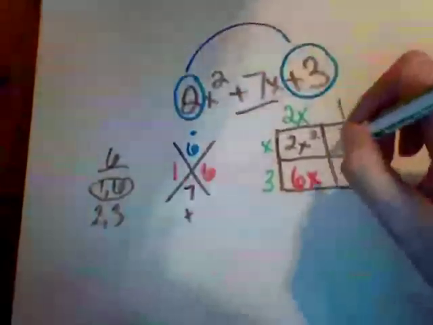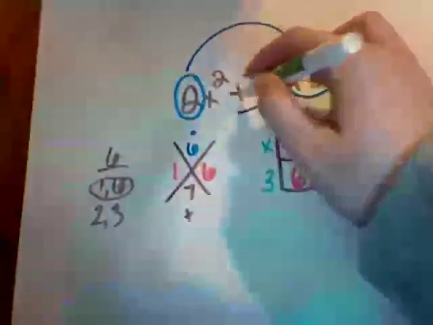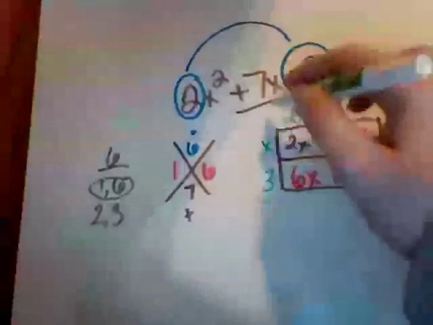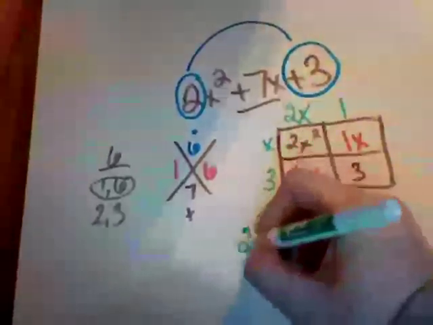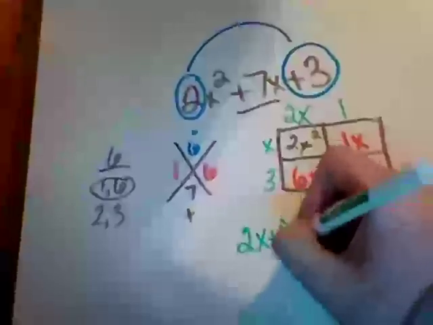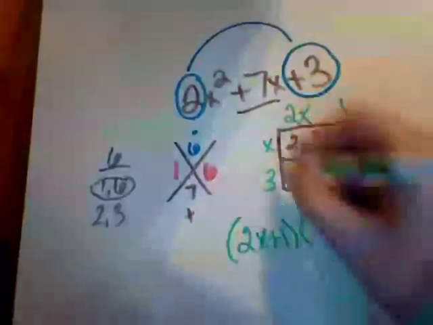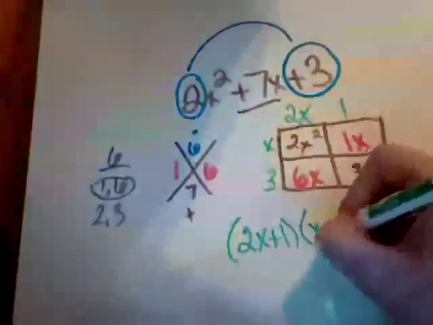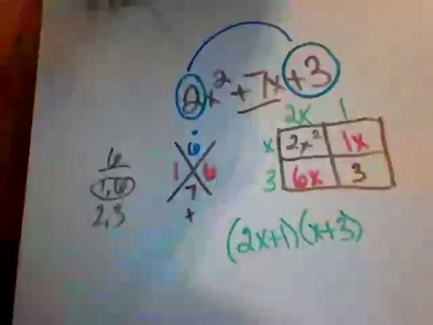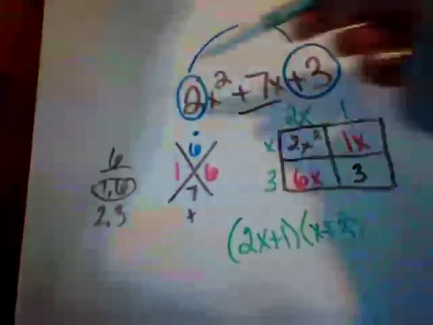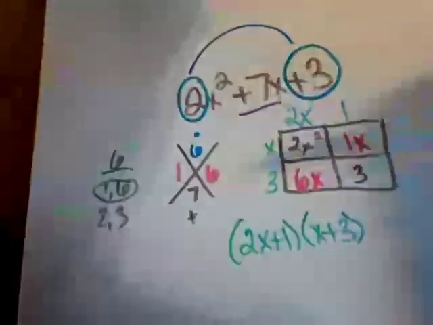So our factors for the 2x squared plus 7x plus 3 come from the top and the side of our box. We would have 2x plus 1 times x plus 3. And if we did FOIL this one, we would see that we end up with the 2x squared plus 7x plus 3.